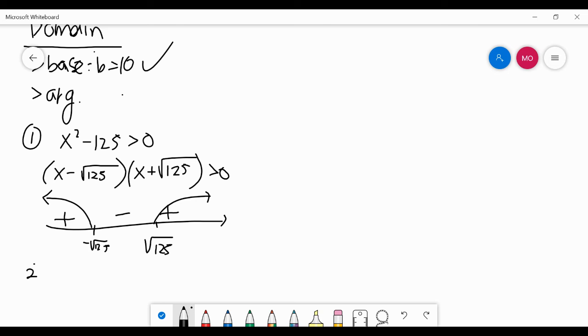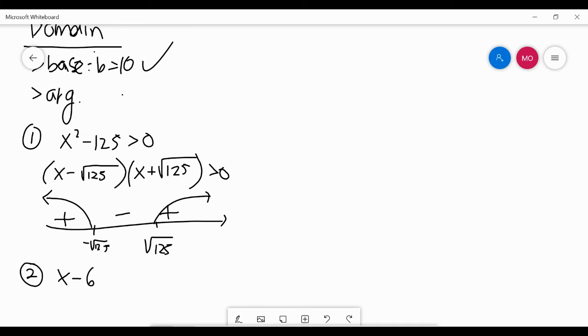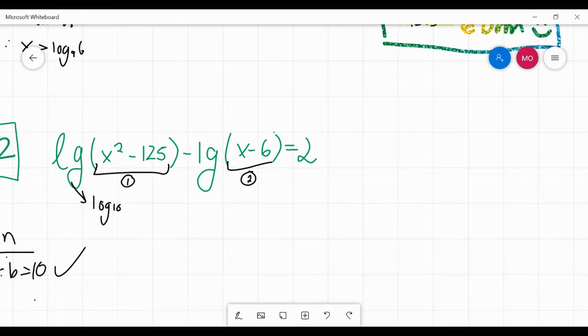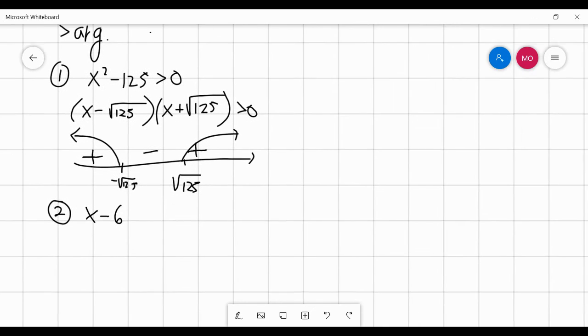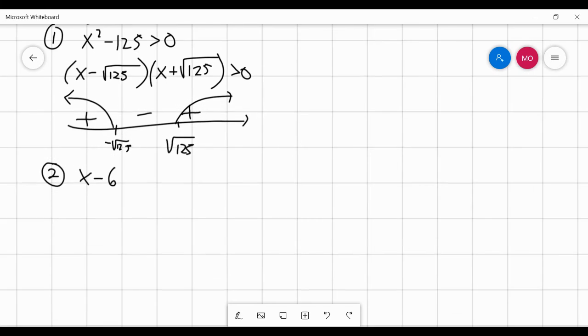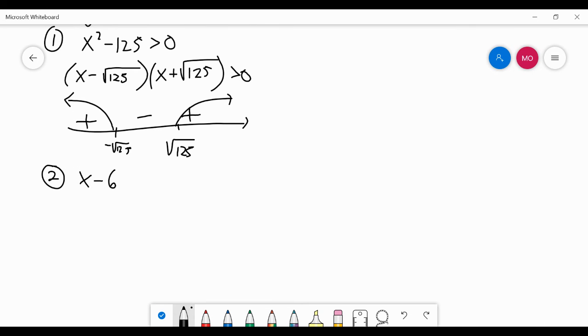All right, we figured out the first argument. Now let's go ahead and do the second argument, which is x minus 6. I'll show you where I'm taking that quickly, coming from this second log right here. We need x minus 6 to be bigger than 0, meaning x has to be greater than 6. Now, remember, we need the two conditions for the arguments to be satisfied at the same time.